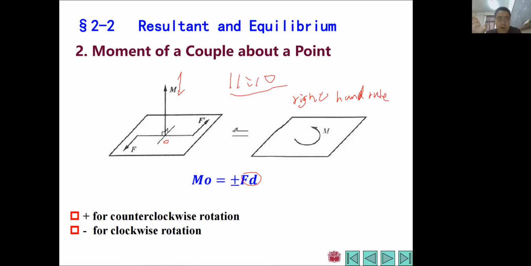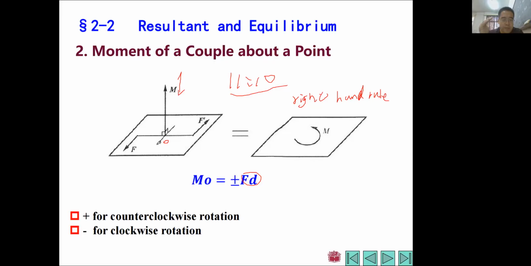The first step, we let our four fingers go along this, maybe this, or maybe along this distance, right? And the second step is you fold your four fingers along one of your forces, maybe F, maybe F prime, right?